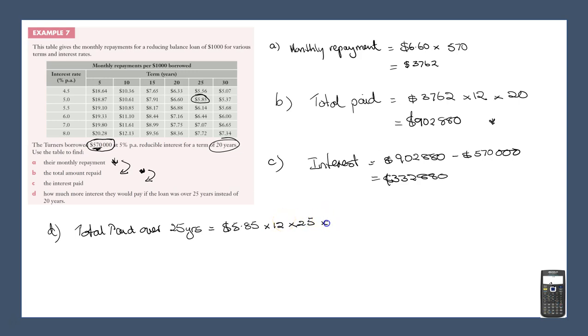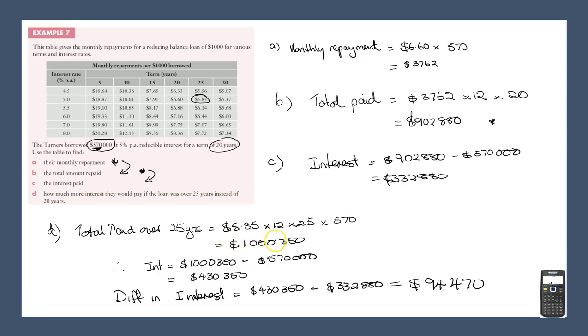And we must multiply, of course, that was for 1,000, our 570, because it's a $570,000 loan. And there you can see that over 25 years, they end up paying over $1 million. So here, over 20 years, paid $902,000. Over 25 years, over $1 million.